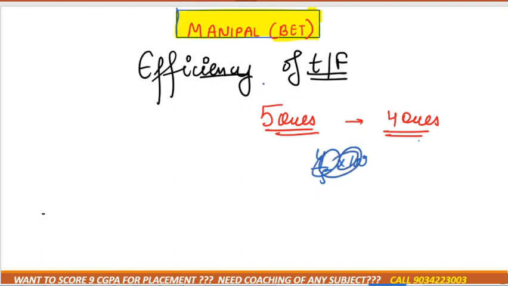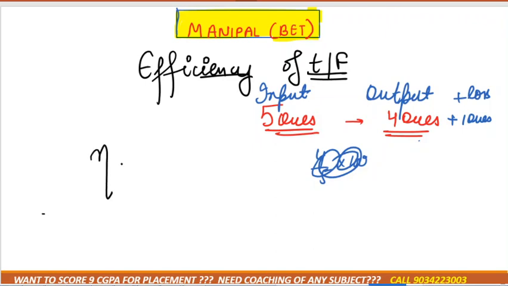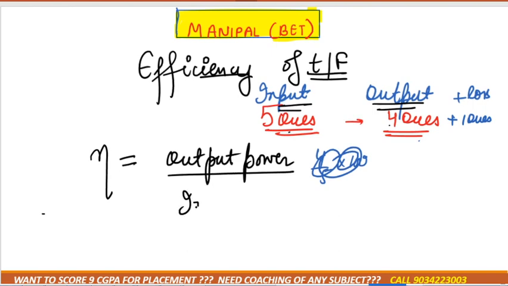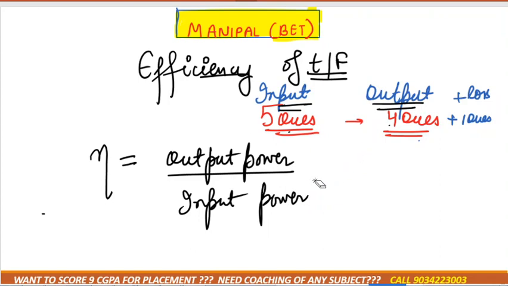So I give 5 questions, that is your input, correct? And from that you were able to do only 4 questions, that is your output, and the 1 remaining question is the loss. So efficiency is output divided by input. Can we say that efficiency is always output power divided by input power, and efficiency is always in percentage, multiplied by 100? Okay, clear?